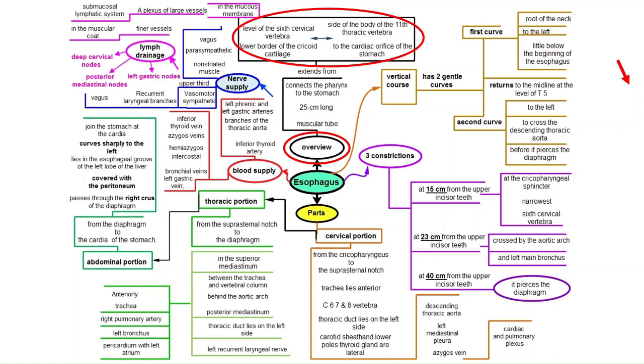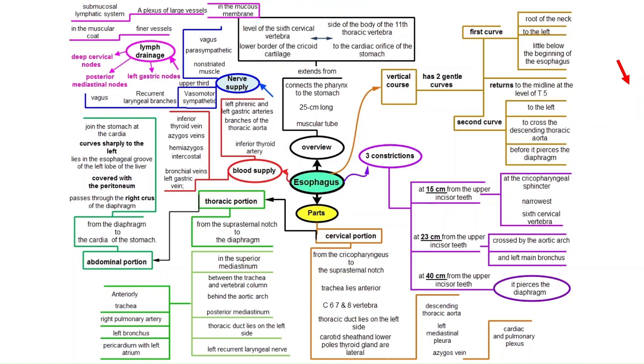Let's have a look at a few branches of this mind map. We have said that the esophagus as a tube has 3 constrictions, and this group of constrictions must be very well considered in doing endoscopy.